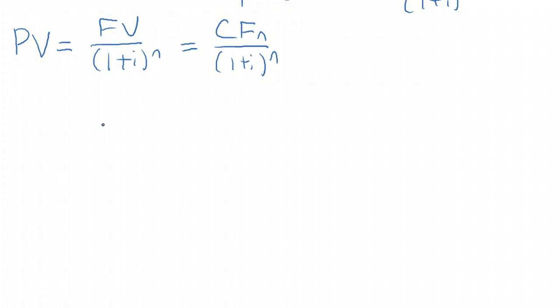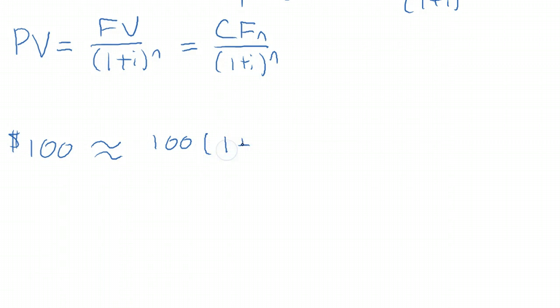between receiving $100 today and receiving $100 times 1 plus I to the n in n years. I shouldn't do this as an equals, so I'm going to say a kind of a curvy equals to indicate indifference.